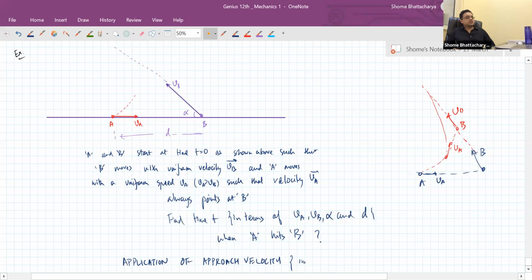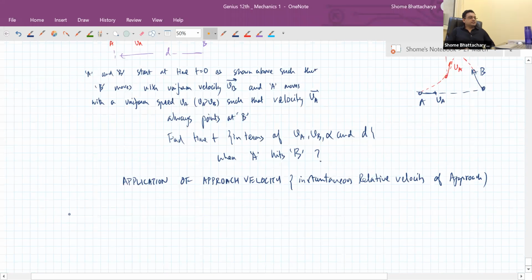That is the instantaneous relative velocity of approach concept.